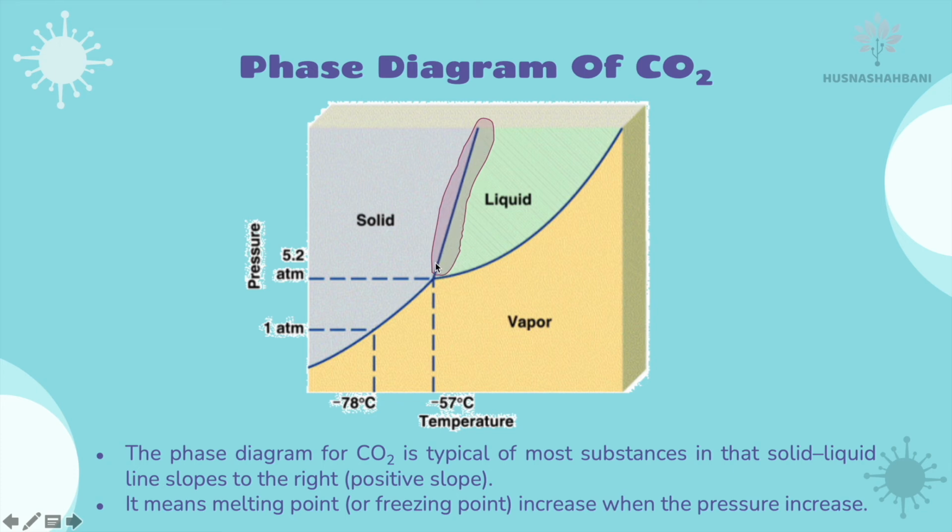If you see the phase diagram of any substance with positive slope, it means the melting point or freezing point, because we know that this line means melting or freezing point, increases when the pressure increases. When you increase the pressure, the melting point and freezing point also increase. This is for carbon dioxide and for most substances with positive slope.